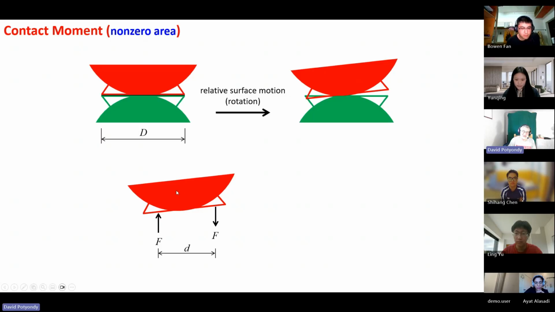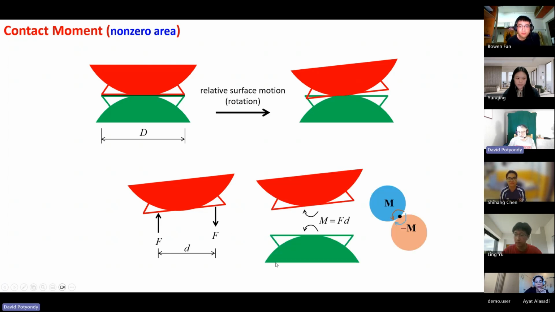So notice if I rotate it this way, this goes in compression, but this is going to go into tension if there's some bonding there for it to resist this. Notice this is a moment arm. And so if you take F times D, that's the bending moment that's acting. These two forces acting out here are equivalent to a micro moment acting at that point contact. And that's how moments can occur.